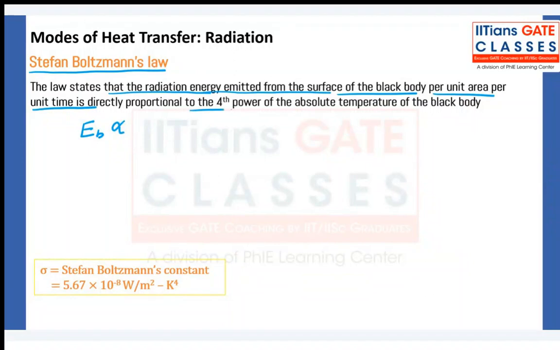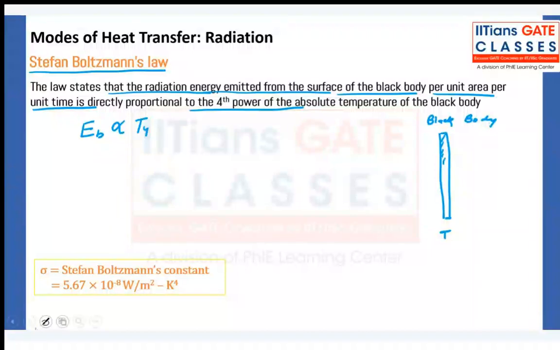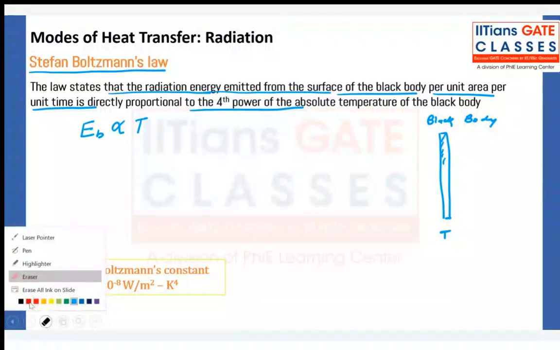If there is a body whose temperature is T and it is a black body, it can emit radiation directly proportional to the fourth power of its absolute temperature.